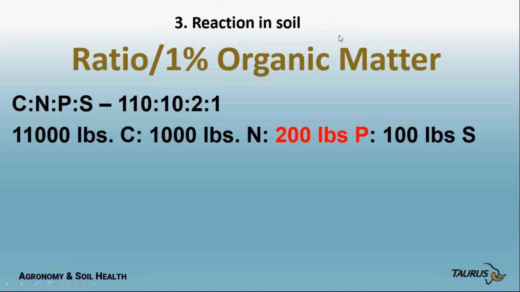Now, what are the reactions in the soil? Because that has always been the baffling part about phosphorus. As most of you know, I'm more of a plant physiologist, having been an entomologist and still am. And the soil component has always been a mystery to me, so I've had to learn this as I go. But the soil contains phosphorus in either mineral content or in organic matter.